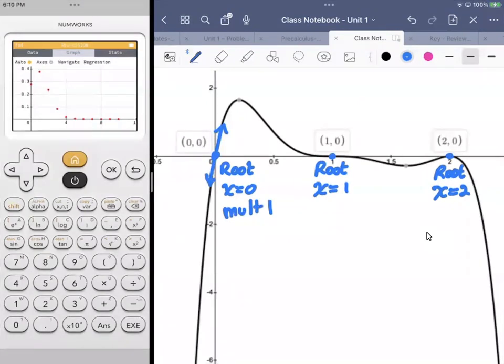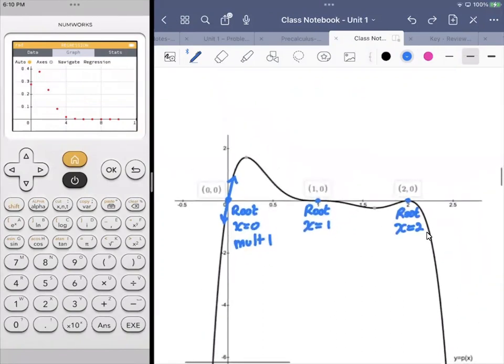Now it's a little trickier to tell the intent of this next root, because you can make a case that it looks linear here also. But in order to get this type of polynomial function, we need power. If I have a degree 4, it might not get it done, because a quartic function, which is degree 4, is going to have a W or an M look to it.